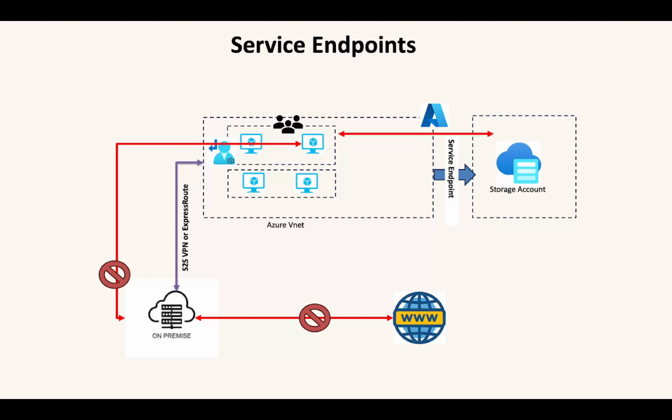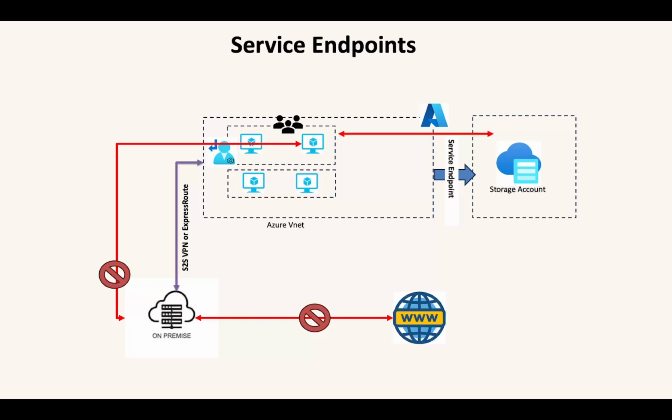It's great, right? You have the storage account directly connected, but there is a catch to it. The storage account will still be accessible via the internet. So while your internal traffic is secure, external access to the storage account still remains available unless additional steps are taken to lock it down.